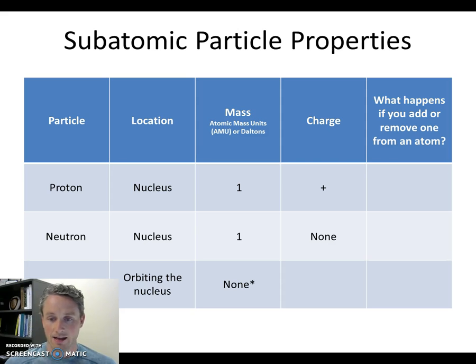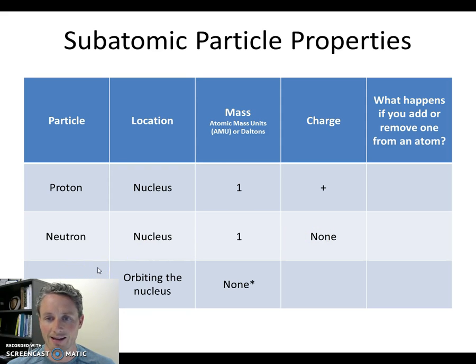Okay. And so the last thing here is we should consider the charge of the electrons. This is where my little trick of using the name to give away the charge falls apart. Again, protons, pros are positives. Protons have a positive charge. Neutrons, neutral. Neutral things don't have a charge. Neutrons have no charge.